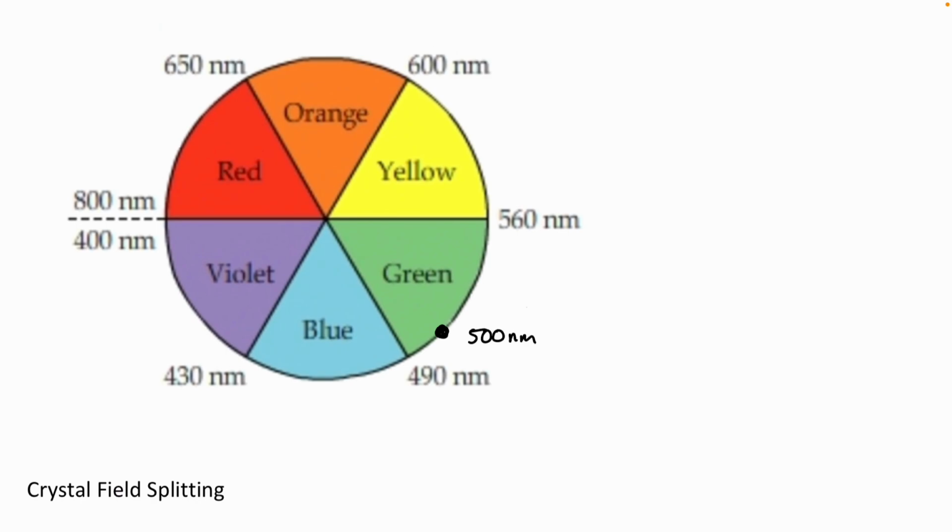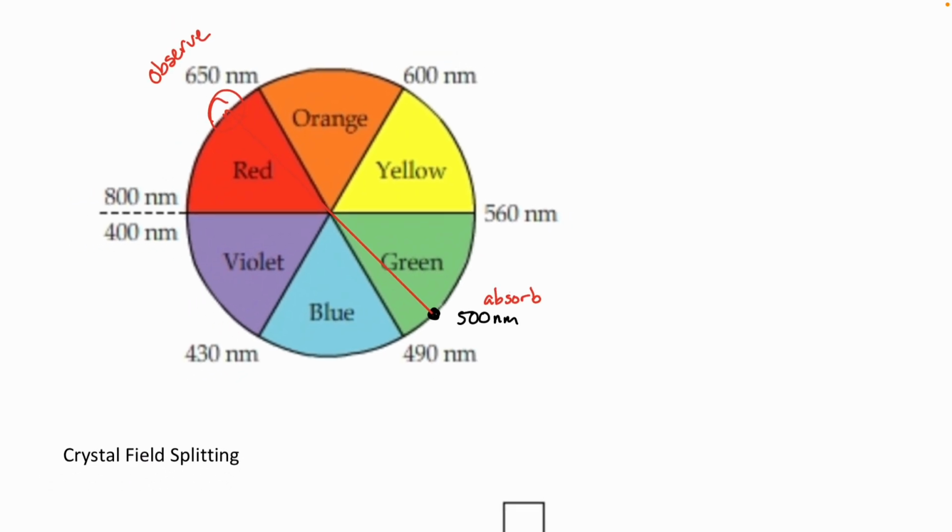All right. What's really weird is what is absorbed. So we absorb this 500 nanometers. What your eyeball perceives is actually the complementary color, the thing on the opposite side of the color wheel. So if this is what's absorbed, we would actually observe our hexaaqua titanium 3 solution to be red.